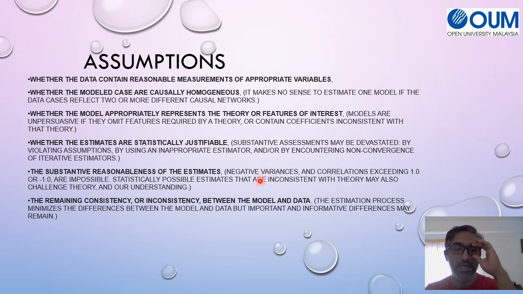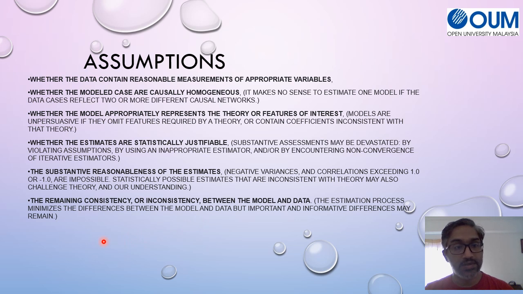The fifth one is the substantive reasonableness of the estimates. These are negative variances and correlations exceeding 1.0 or negative 1.0, which are impossible. Statistically possible estimates that are inconsistent with theory may also challenge theory and our understanding towards the study.